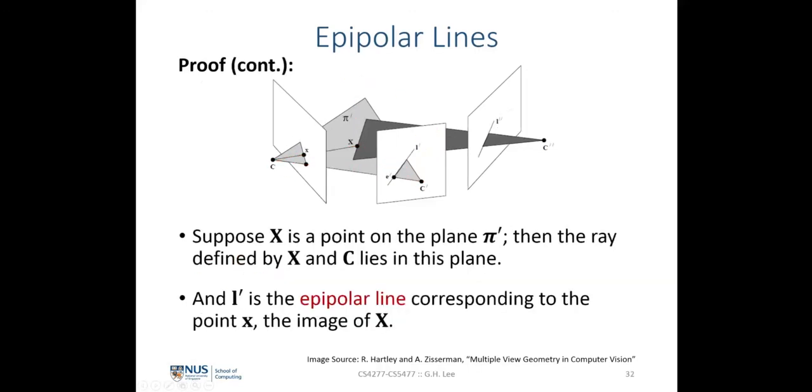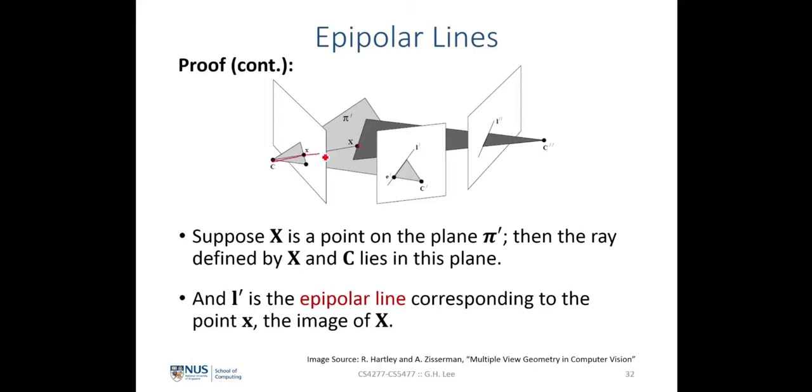And suppose that X is a point on the plane π' over here. So X is the 3D point that gives rise to this particular image projection in the first image, denoted by a small x. We further denote the ray that is defined by X, the 3D point, and C, the first camera center.